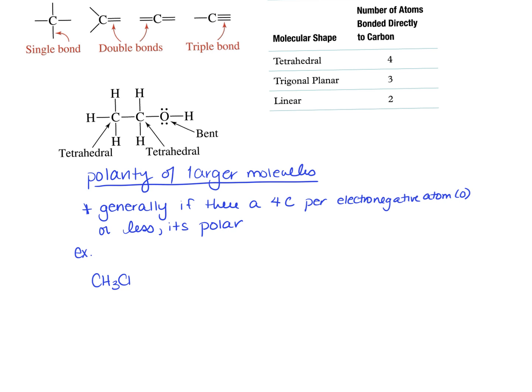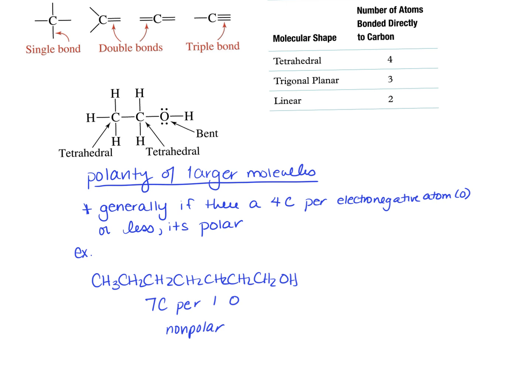So, for example, let's say we have this molecule. It's got CH3, CH2, CH2, CH2, CH2, CH2, CH2, OH. We're going to count the carbons. There's 1, 2, 3, 4, 5, 6, 7 carbons. 7 carbons per 1 oxygen. So that means that there's so many carbons that it's going to make this nonpolar, right?